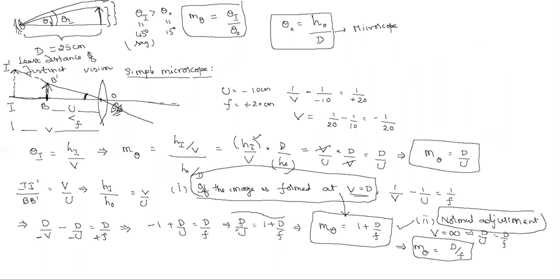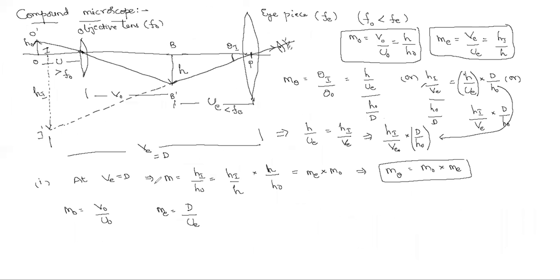Plus D by f. Directly I can replace: f of eyepiece. So M_E is equal to 1 plus D by f_E.